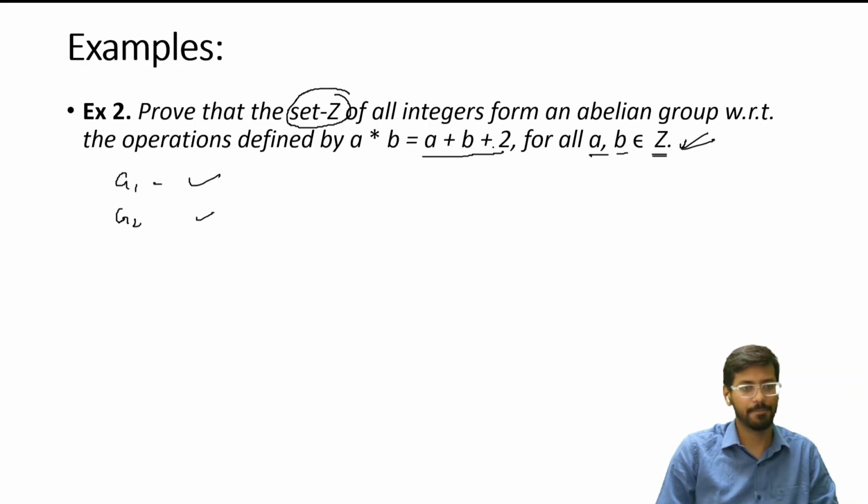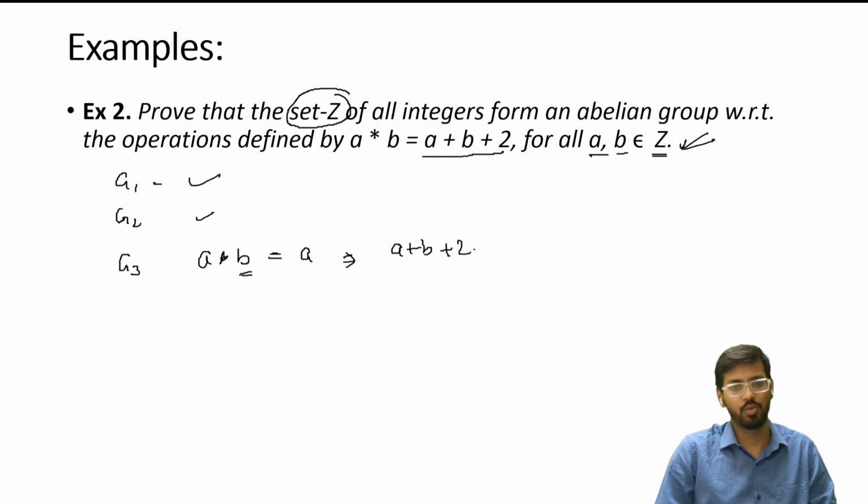Now the third property is G3. Okay, so G3 is the inverse and identity element, so we will check the identity element here. A star B. For the identity element, A star B should be equal to A. So here B is the identity element, so A plus B plus 2 is equal to A, or by left cancellation law we can write b plus 2 equal to 0, or by right cancellation law we can write b is equal to minus 2.